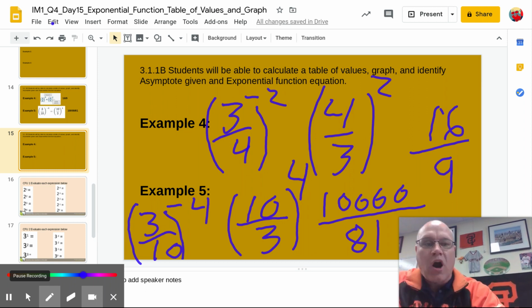Then tomorrow we'll use those points to actually graph it. Today I just want to work on, can you do the math here with the computations with negative exponents, zero exponents, and positive exponents? Can you evaluate those functions for different x values? That's what we're going to be doing in the practice today.